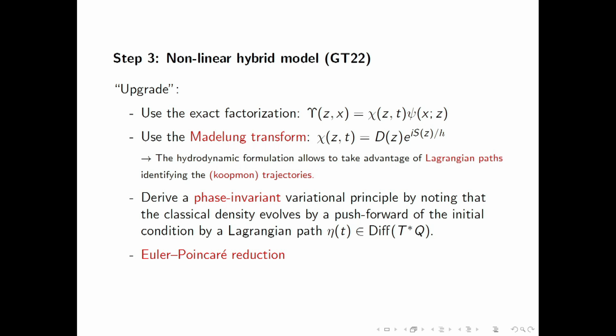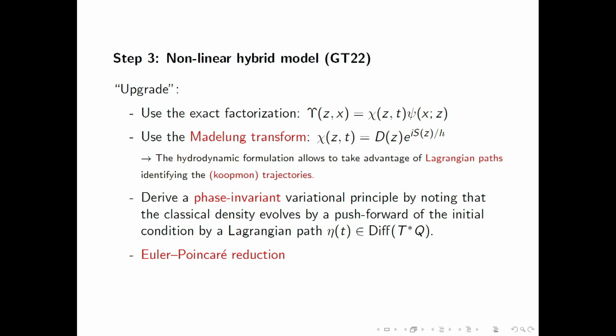And on the other hand side, they performed a Madelung transform for the classical part in order to isolate basically the classical phase, and that hydrodynamic formulation then allowed to take advantage of Lagrangian paths, which later identify the Koopman trajectories, in general trajectories, but for these models, it's the Koopman trajectories.